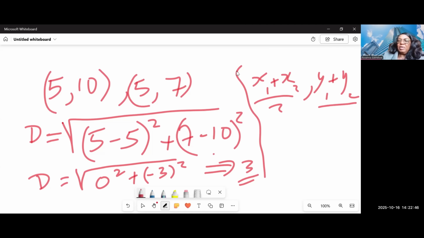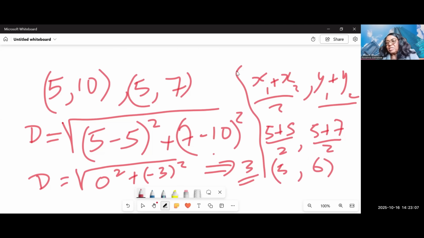So my x1 plus x2, 5 plus 5, is 10, divided by 2 is 5. And 5 plus 7 is 12, divided by 2 is 6. Therefore, the midpoint is (5, 6).